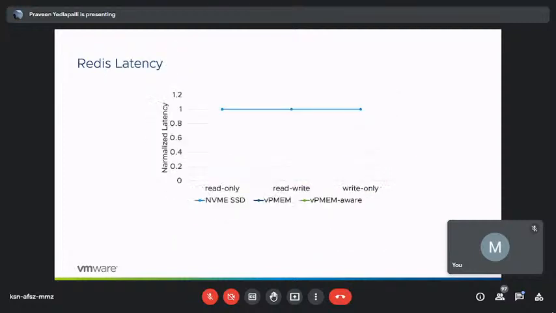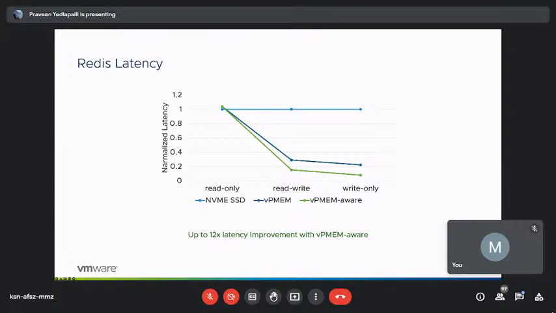Next, latency, a similar story. Latency in these 3 different scenarios. With the NVMe SSD, it's 1, and with PMM, we get about 0.2 latency compared to 1 for the write-only test. And with PMM aware, I can get even lower, like 0.6 or something, which is like a 12x improvement in latency with the PMM aware Redis compared to SSD.